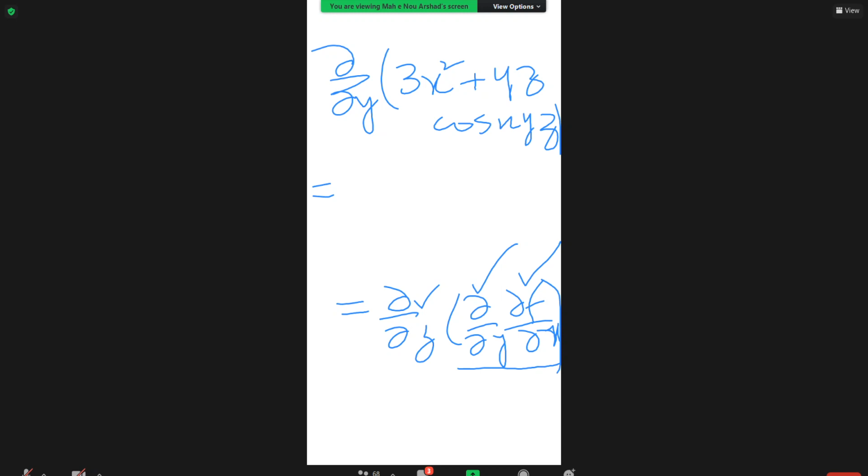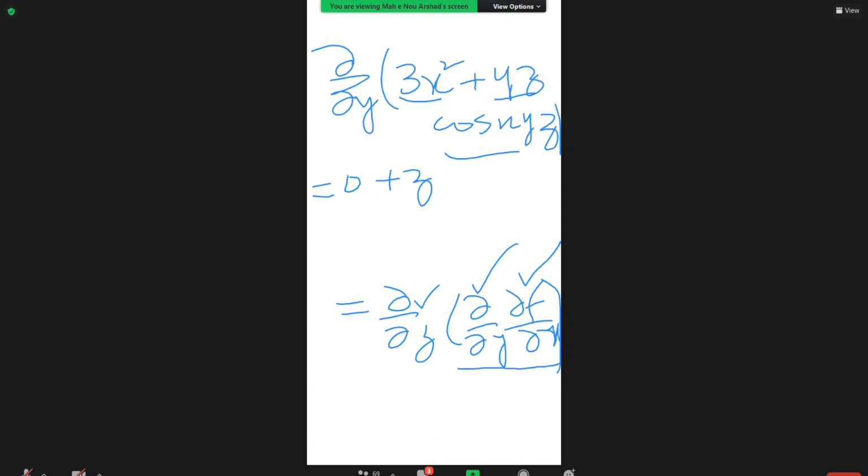When I take the derivative with respect to y, I will treat x and z as constants. So the derivative of this one will be equal to 0 because I am treating x as a constant. So how can I take the derivative of this one? I will take z as a constant. Firstly, I will apply constant times the function and then take the derivative of the remaining term.